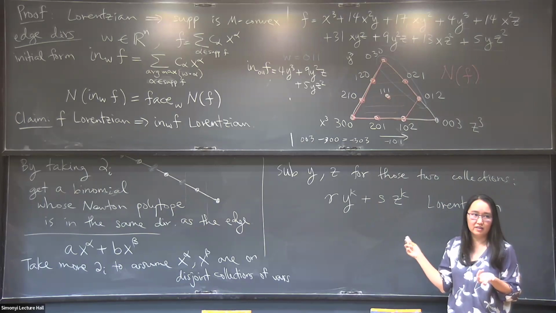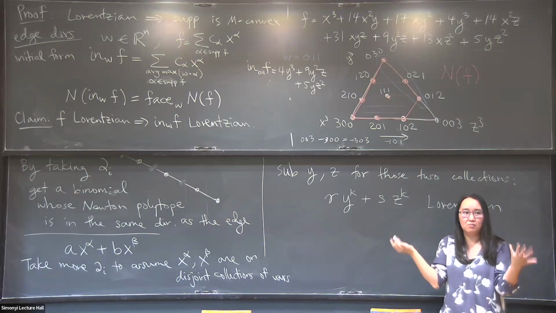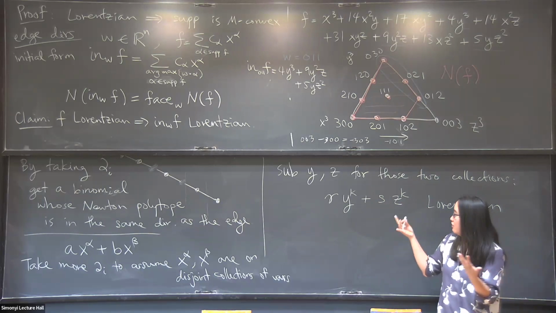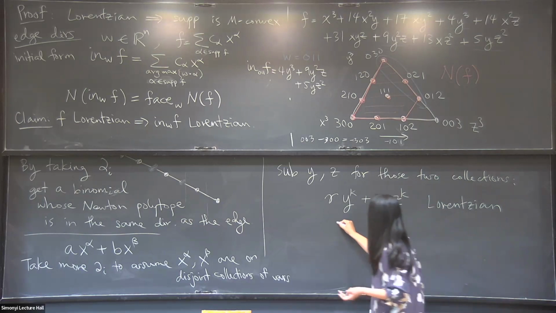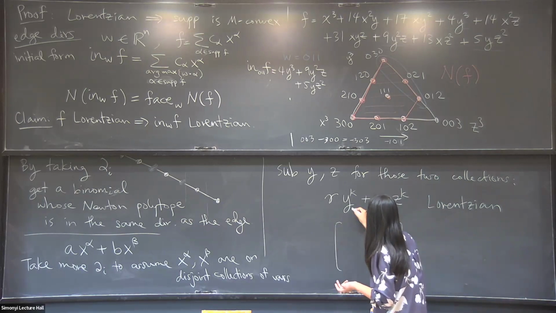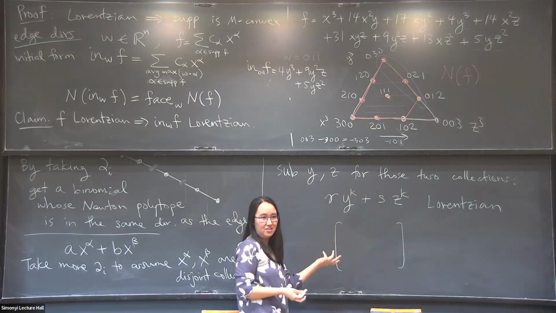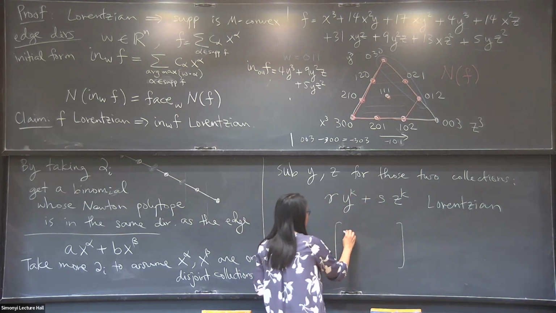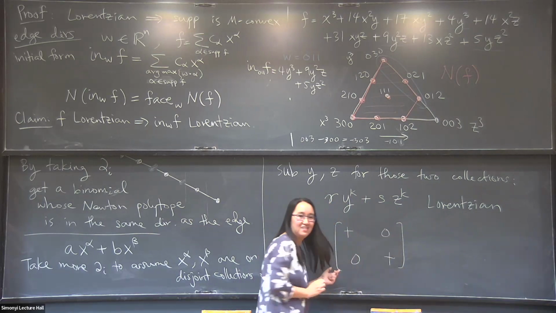But if you look at things like this, if the degree is 2 or more, and if you look at the Hessian, this is just 2 by 2. Then it is going to have something positive here, something positive here, and 0 here.